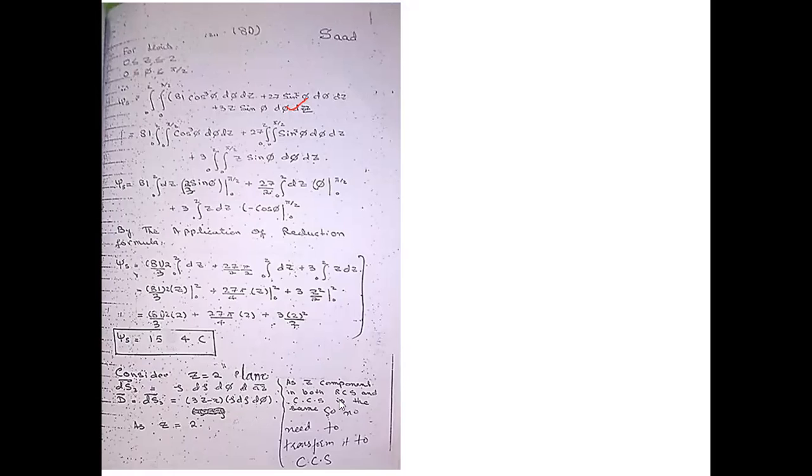The z of the rectangular coordinate system and the cylindrical coordinate system are both the same. So there is no need to transform the dz portion of the RCS into the CCS, because the dz portion of the RCS is the same as the dz portion of the CCS.